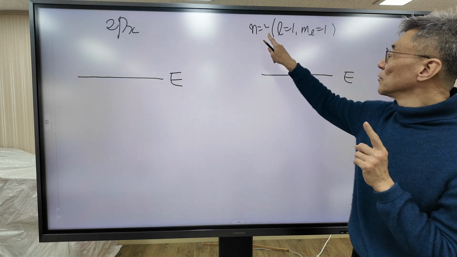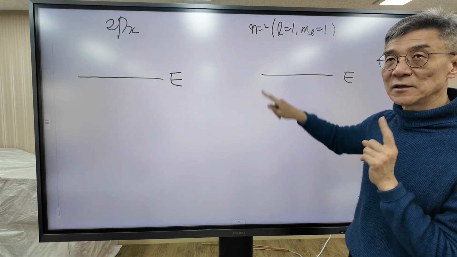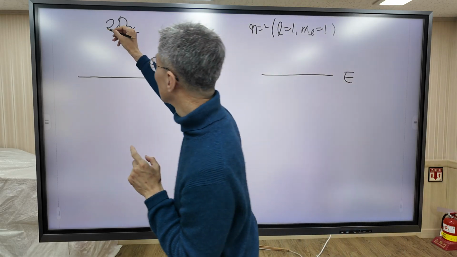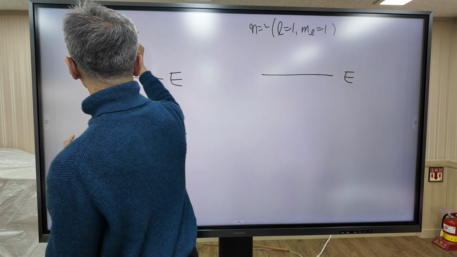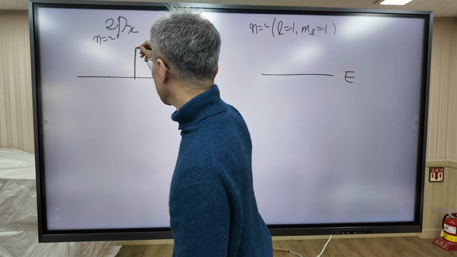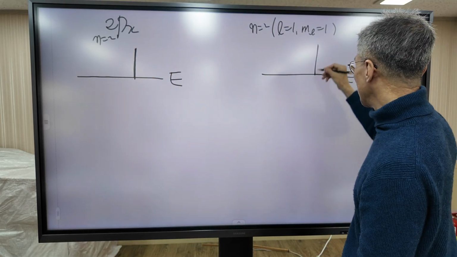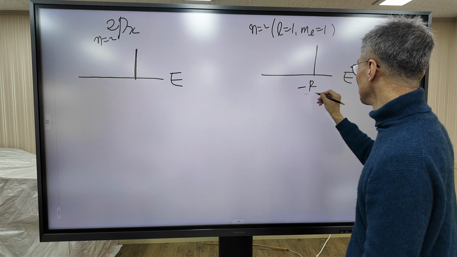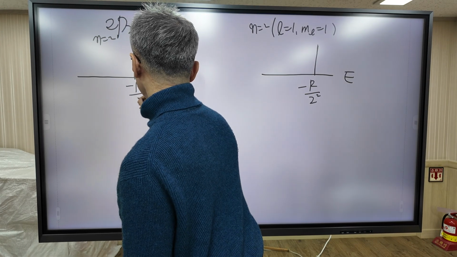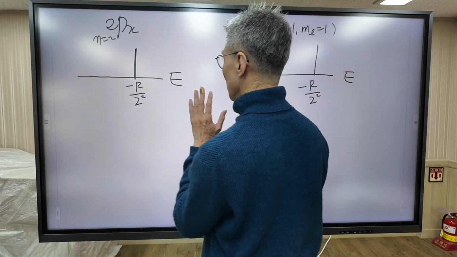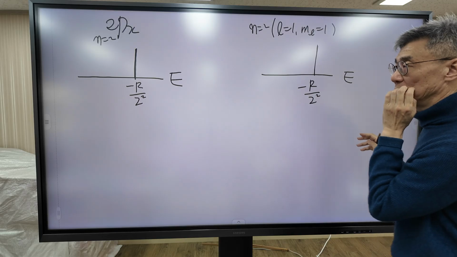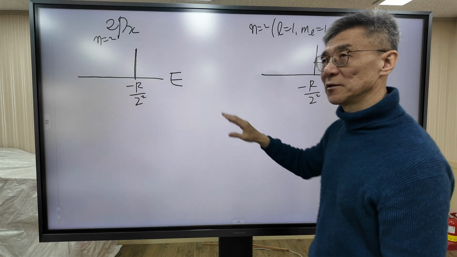So if the principal quantum number is defined, the energy is defined. So both of them have a definite quantum number n. This is what n is equal to. So when you measure the energy of the electron, you get a consistent value of energy. The energy corresponds to this one. You obtain a consistent value of energy whenever you measure the energy of the electron.